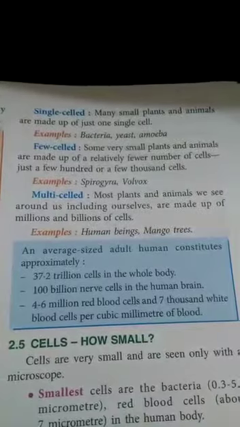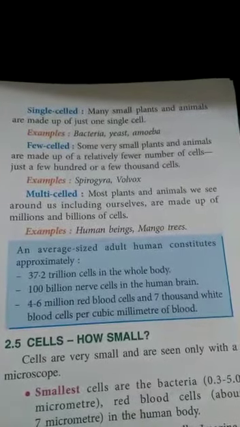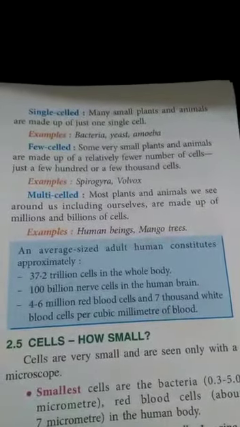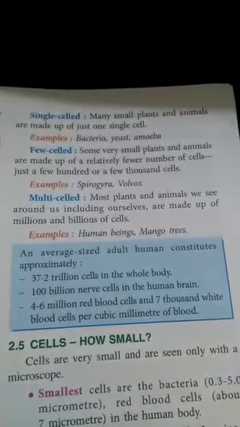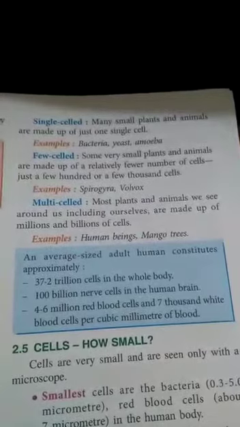Examples are Spirogyra or Volvox. There are many organisms which are made up of many cells. These are called multicellular organisms. For example, human beings, mango tree, etc.